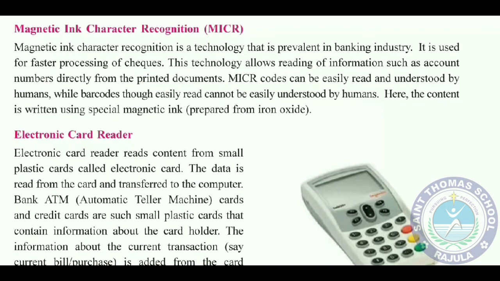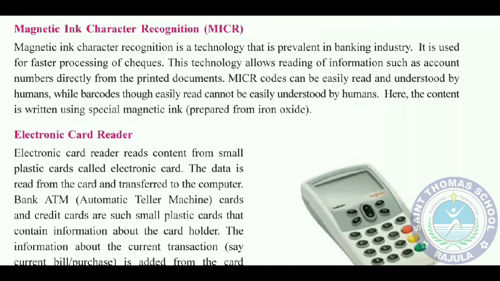Here the content is written using a special magnetic ink prepared from iron oxide, and that is why it is known as MICR technology. Which ink is used here? Remember, that is magnetic ink.